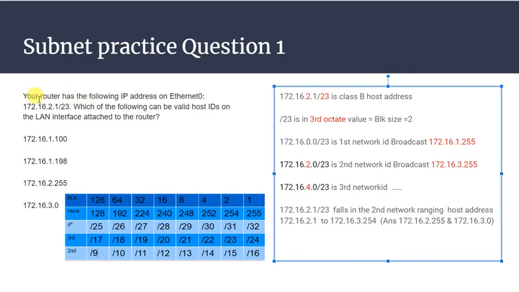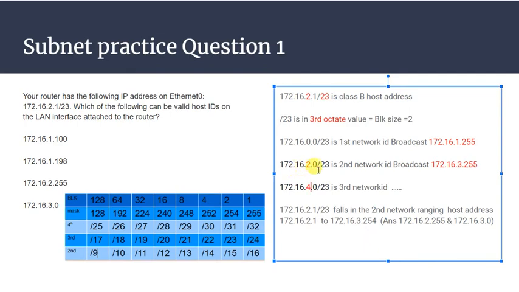So the first network ID will always be 172.16.0.0/23, and because the block size is 2, the next network will be 2, and another network will be 4.